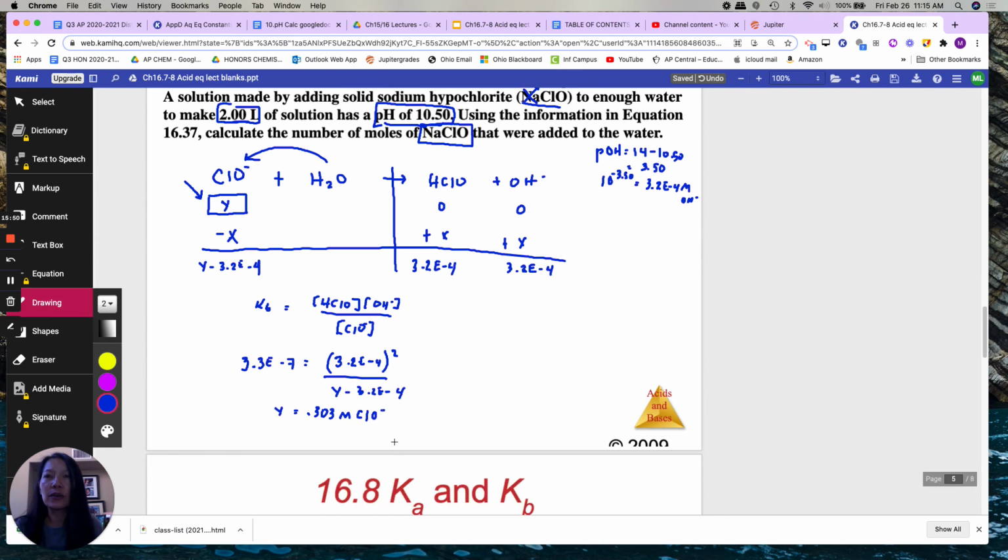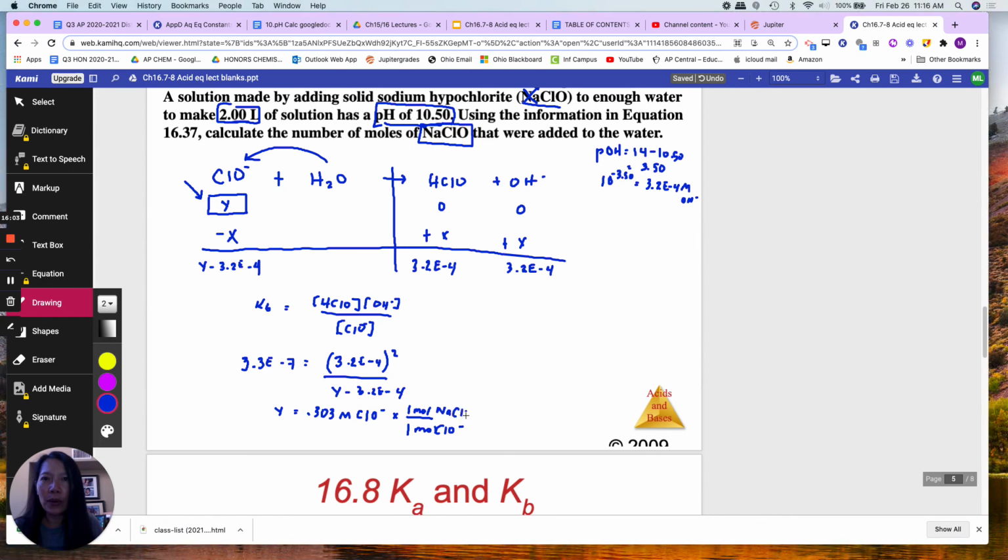Okay, so because for every 1 mole of ClO minus, you have 1 mole of NaClO, this is going to be the same: 0.303 molar NaClO. The moles here just cancel, and it's still 1-to-1, so you still have the same number of NaClO.